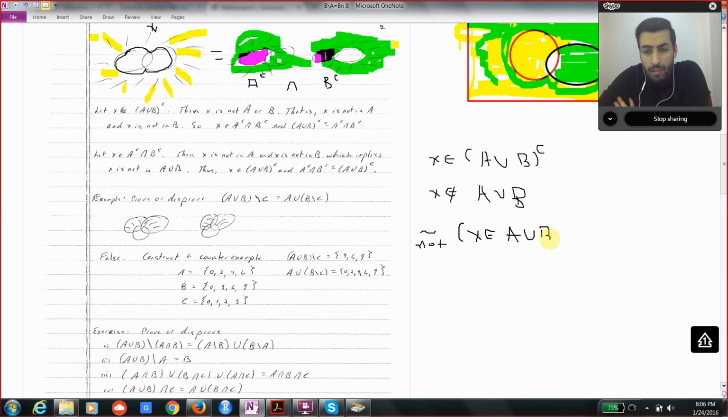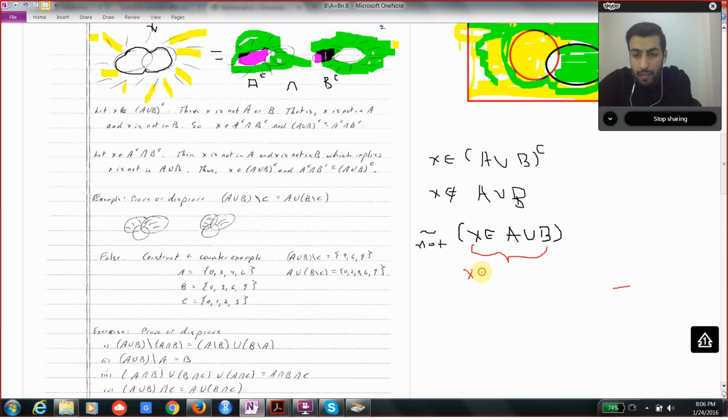So this is saying that it is not true that X is an element of A union B. Okay? Now this is very important. A union is the same as or. So I'm going to rewrite this inner part like this. Be careful, because here's an element, so it is, right?